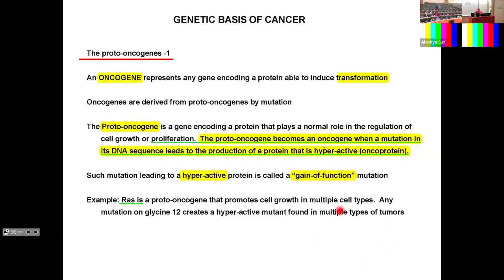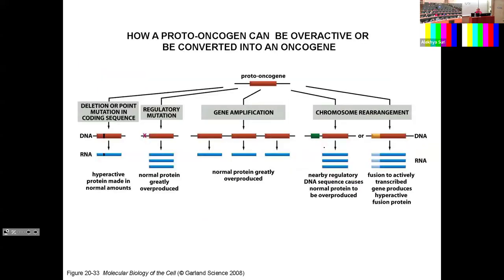Remember, we say gain of function, right? A hyperactive protein is called a gain-of-function mutation, and in that case it is called an oncoprotein. One example is RAS, which I mentioned before. RAS is mutated in many tumors, so it is one of the characteristic proto-oncogenes that become oncogenes.